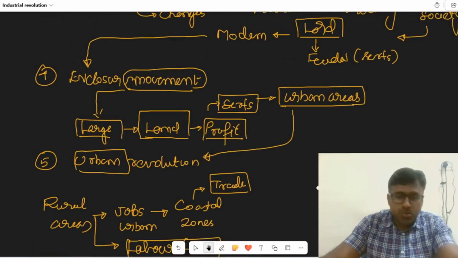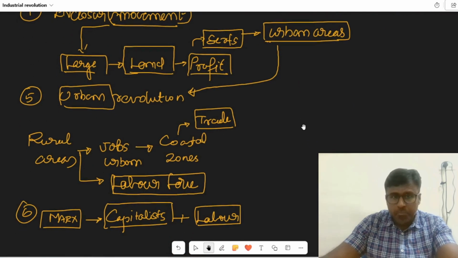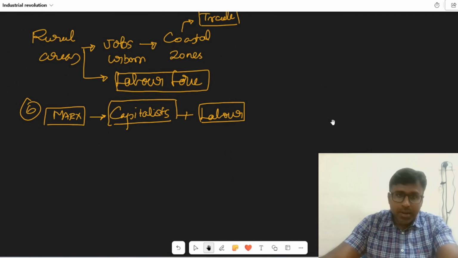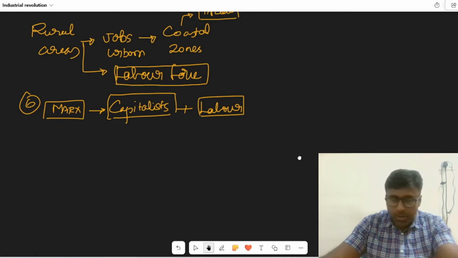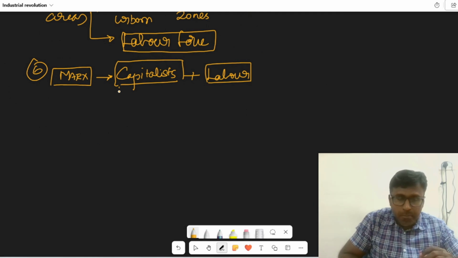The capitalists usually were the landholding communities, but here the laborers were the free floating population coming to the urban areas. But the capitalists were also entrepreneurs.